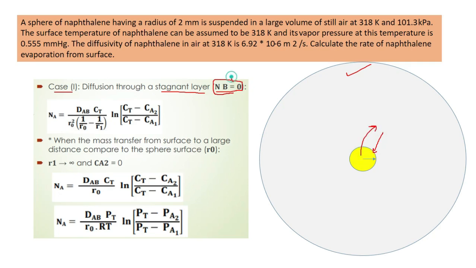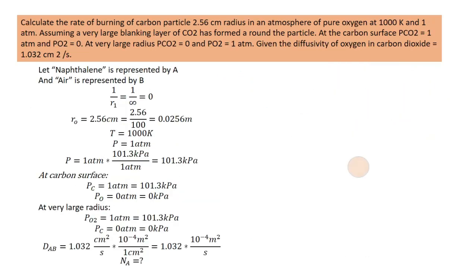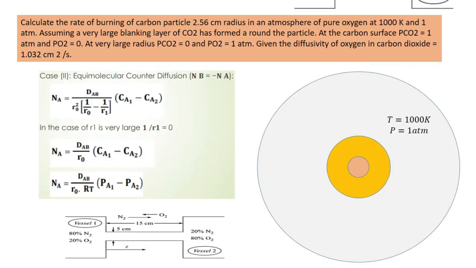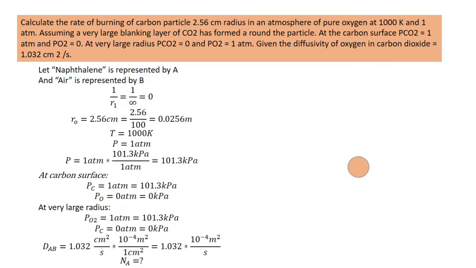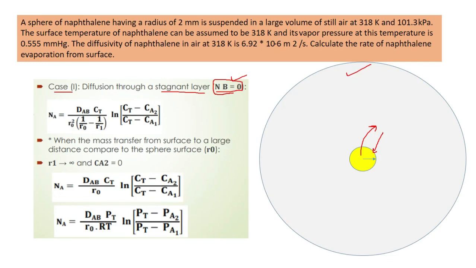The other case is equimolar counter diffusion, in which NB is not equal to 0 and NB is equal to minus NA. I will explain this example later. First I am solving this example.